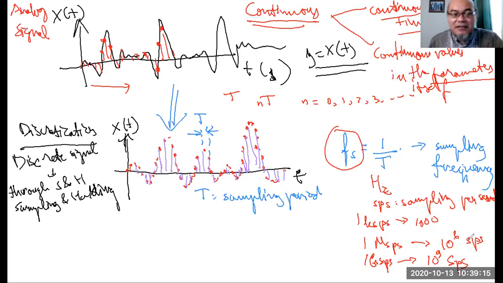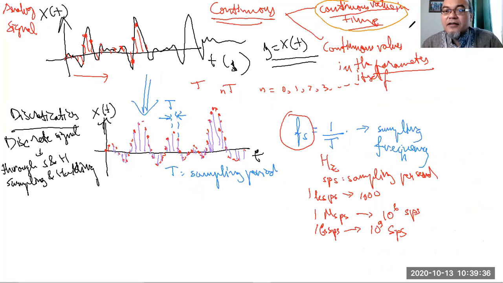Later, we come to the second stage. After discretization, what will happen? One of the disadvantages of digital data is that it discretizes the analog signal. As a result, the continuous value in time is lost. You no longer have continuous values in time.